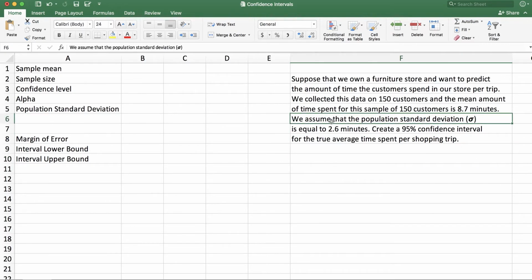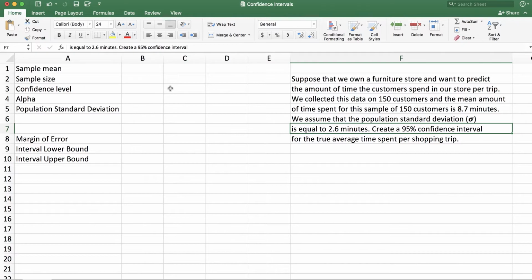And we assume that we know the population standard deviation sigma, and it is equal to 2.6 minutes. And the question is asking us to create a 95% confidence interval for the true average time spent per shopping trip. So what this is asking is essentially construct a confidence interval on the population mean.